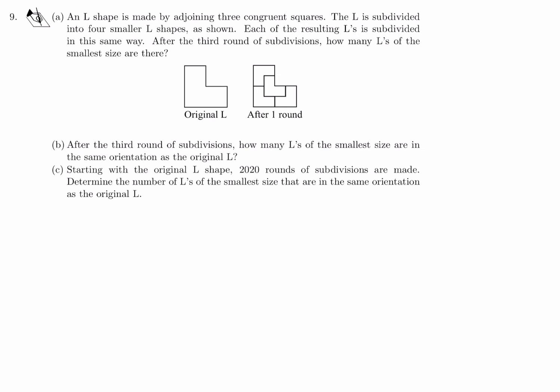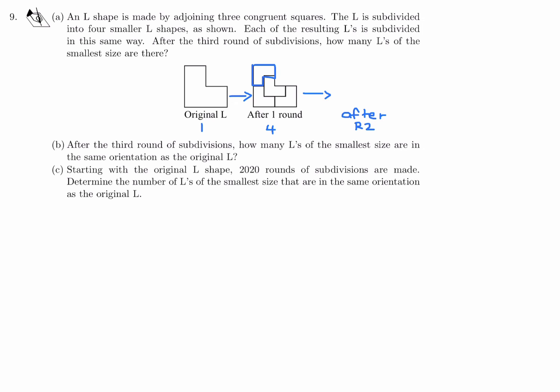Well, we have basically been shown what happens after round one. So each L is subdivided, as you can see, into 4. So here we had just one L, here we have 4. So after round 2, each of these will also be subdivided into 4.